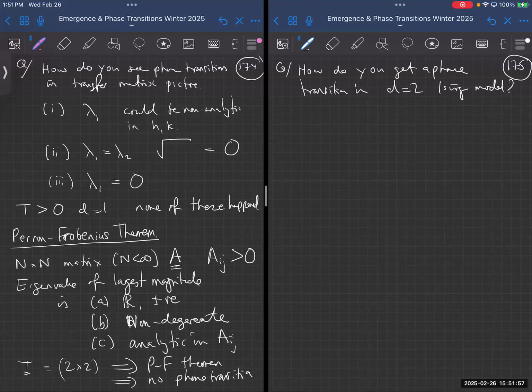So look carefully at the statement of the Perron-Frobenius theorem. The Aijs are positive. Okay. But Connor was saying something. What were you saying, Connor?